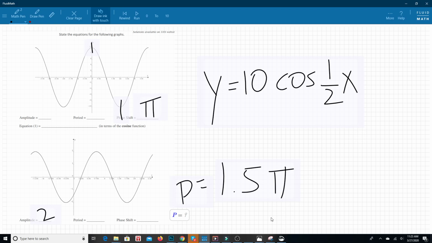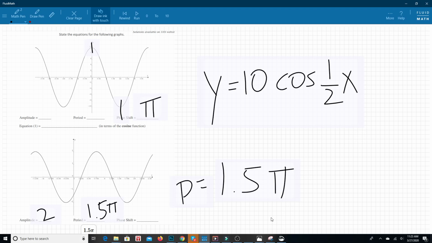In any regards, now this entire phase shift, how I moved it, is about 0.75. If I move that back 0.75, I would be left with a perfect cosine curve.